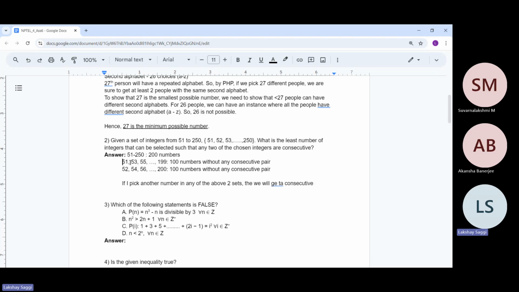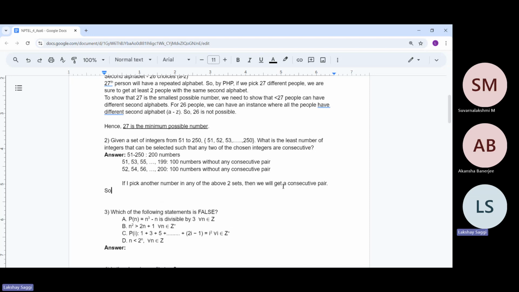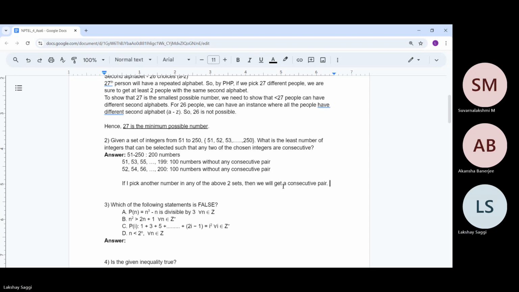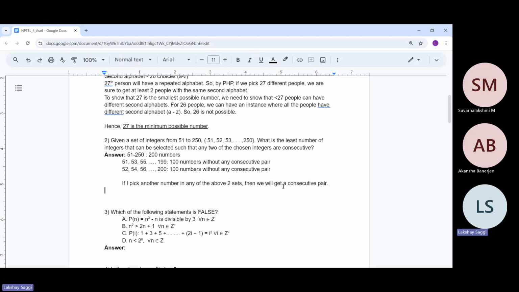This was a lower bound that 100 is not possible, and now we'll show that 101 is possible. But before getting to that, I'm trying to give you an intuition of why the answer is 101. This is because if I pick any more number in this set, then we will actually be getting a consecutive pair. This is more of an intuitive idea.